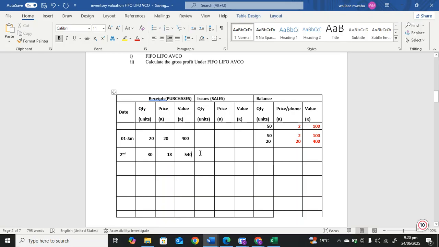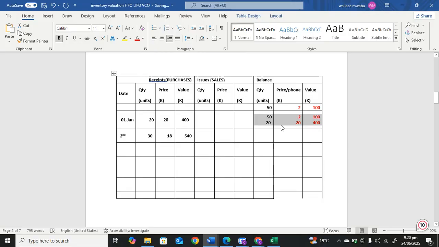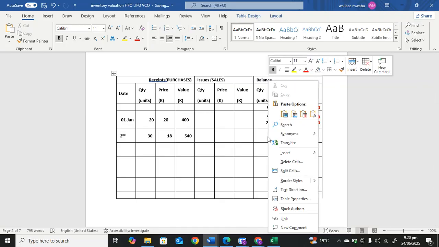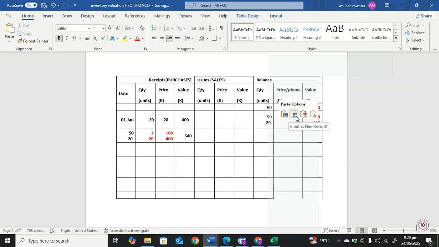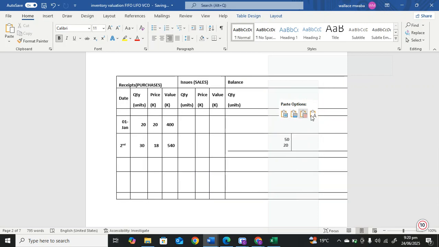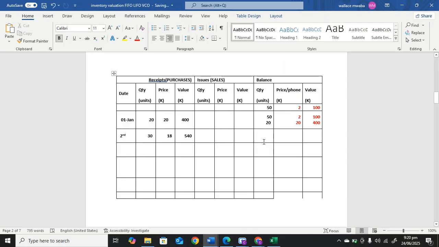So as I said, whenever there's a purchase, you need to divide up your inventory. Initially we had 50 goods valued at 2 kwacha per unit. Total value is 100 kwacha here.